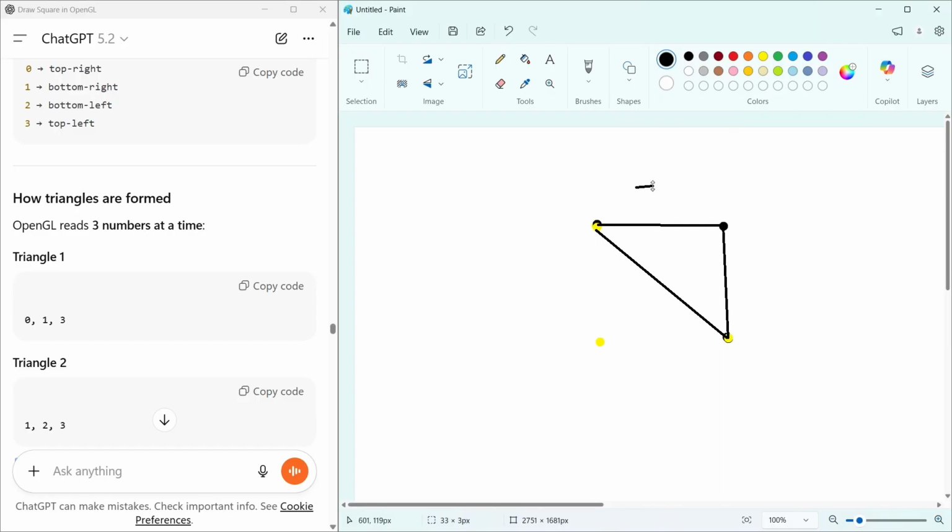Why is it so hard? Let's do this. Okay, so now this is triangle one.